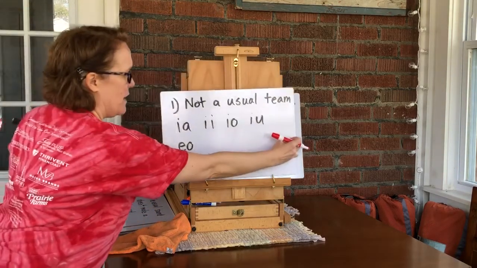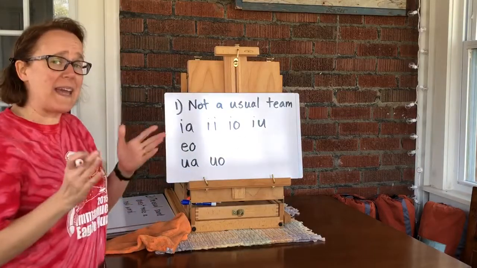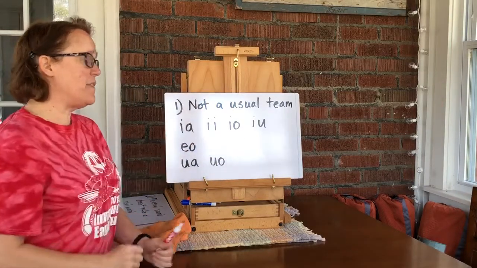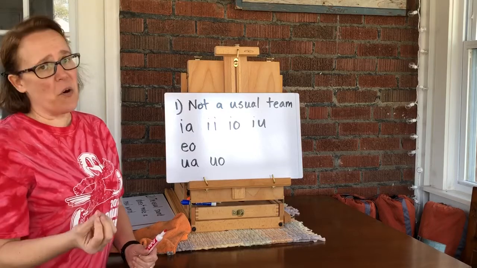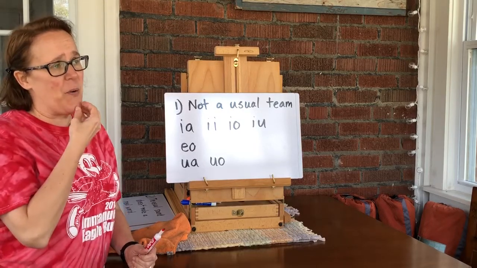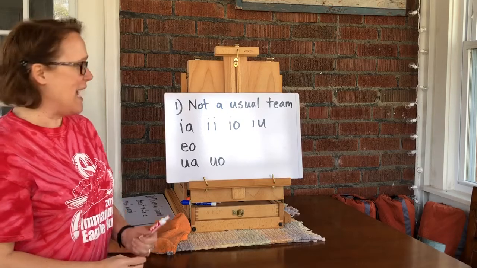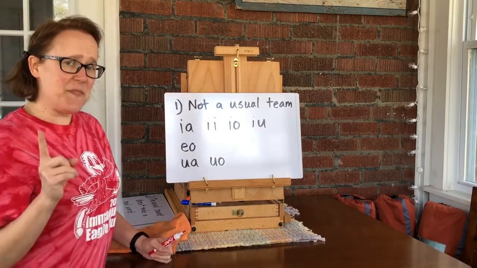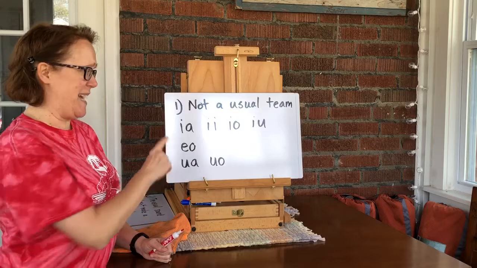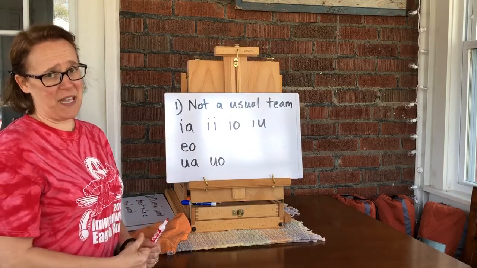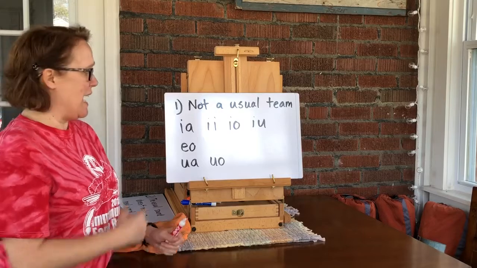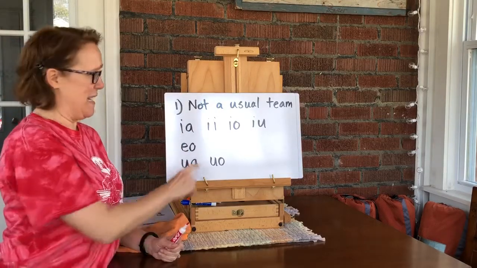The first time this will happen is if the vowels are not a usual team. So you know about OW says ow, and you know about AI says a, but some vowels aren't meant to be teams. I doesn't really play well when it comes first with any other vowel besides E. And so IA, not a team.